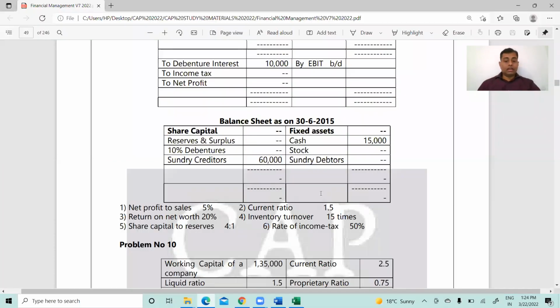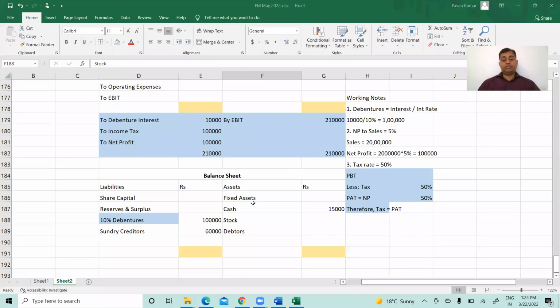Now current ratio 1.5. Fourth working note. Current ratio is equal to current assets by current liabilities is equal to 1.5. Dharini, can you tell me, do we have any current liability in the question? Yes, sir.